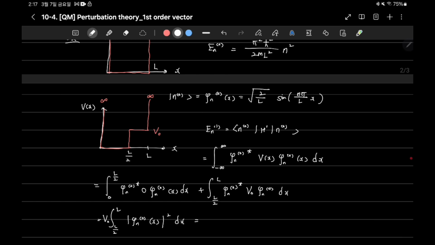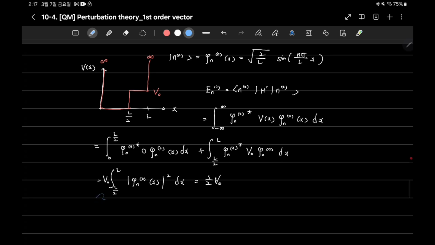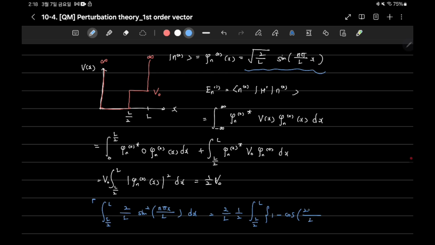Then from the normalization, we can know that it is 1/2 V0, because let's think that phi n 0 is like this, so sine square, then it is 2 over L, and also 1 half one minus cosine 2 pi nx dx.